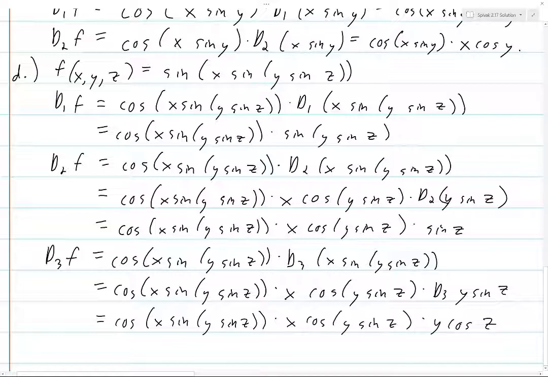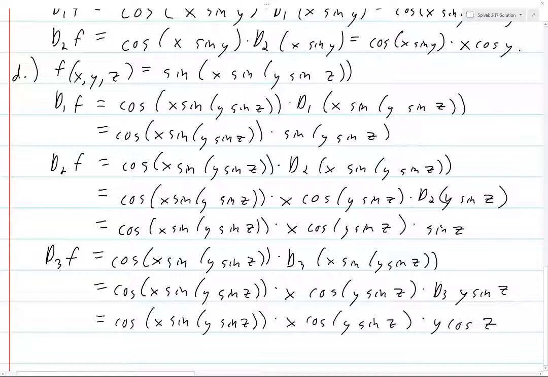Now we move on to part E, and we have f of x, y, z is equal to x to the power of y to the power of z. So d1f equals, well, x is being raised to the power of y to the z, so let's write that.